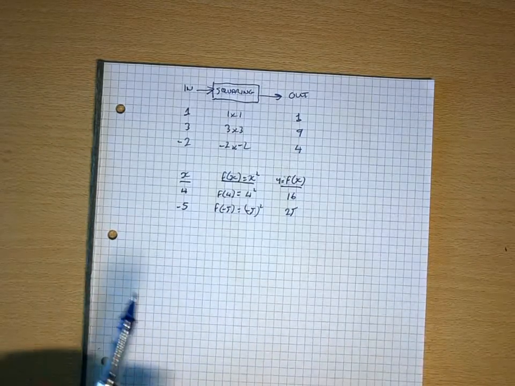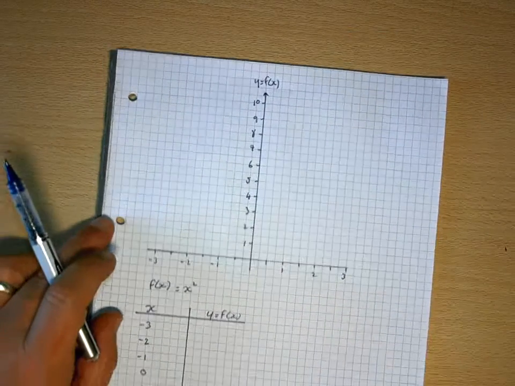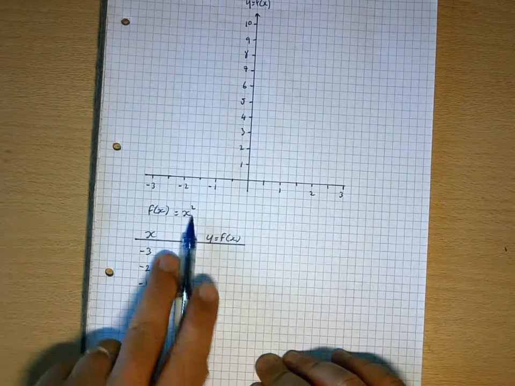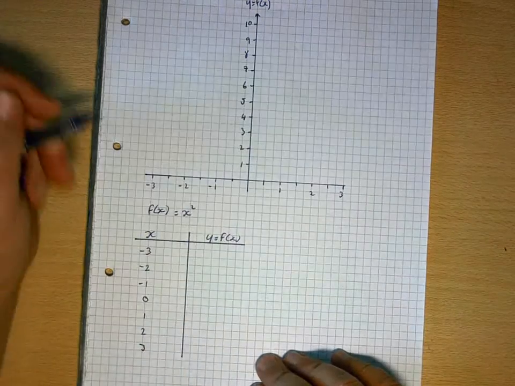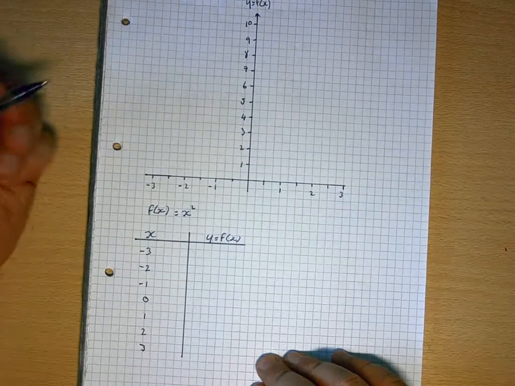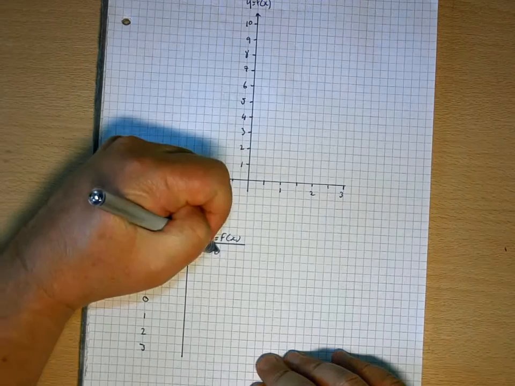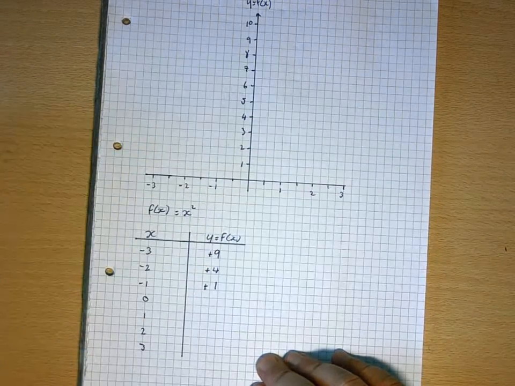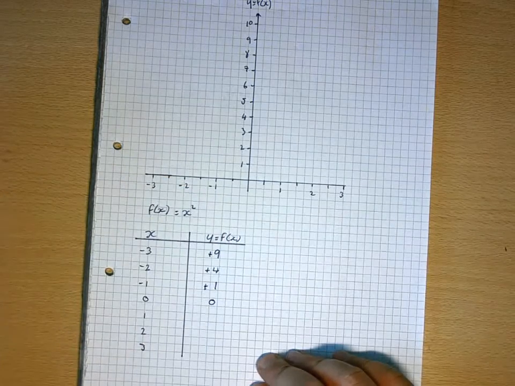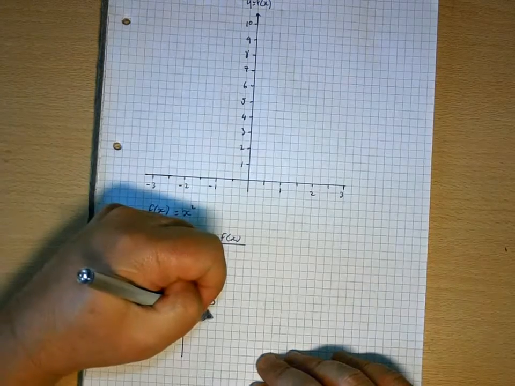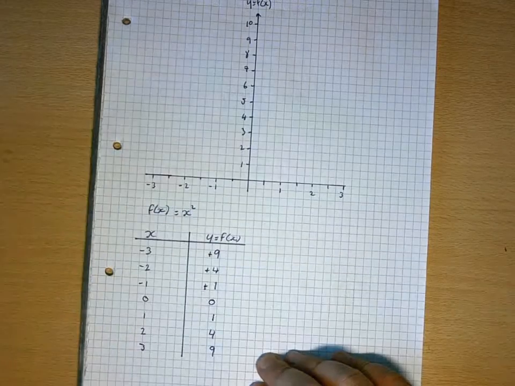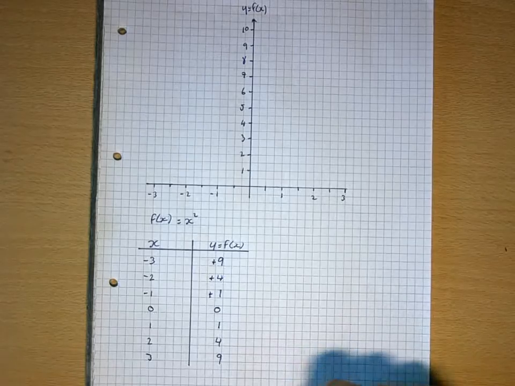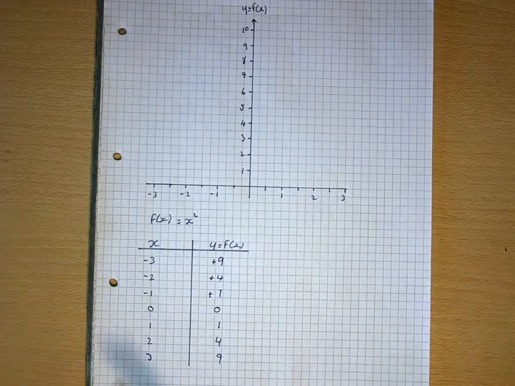So if we stick with x squared as our function, then if f(x) is x squared, negative 3 is going to be minus 3 times minus 3, which is plus 9, plus 4, plus 1, 0 squared, 0 times 0 is 0, and then 1, 4, and 9. So that would give us a set of coordinate pairs which we could plot.